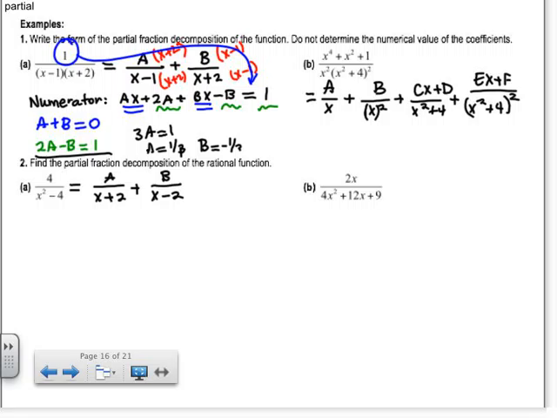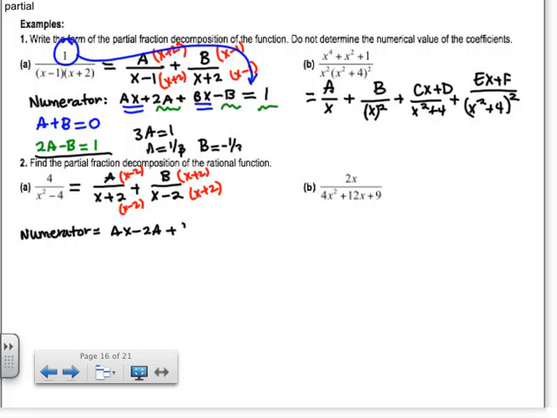Okay, so multiply. I would need to multiply the first one by x minus 2 over itself, and the second one by x plus 2 over itself. So when I'm just talking about the numerator, I get A times x minus 2, so Ax minus 2A.